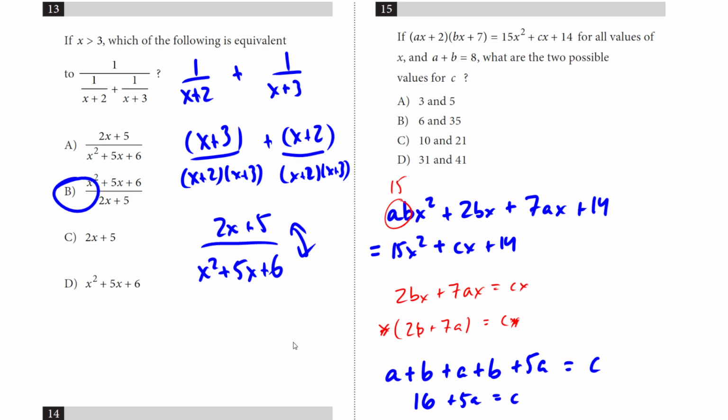Because 2bx plus 7ax is equal to cx. We know this is true. So 2b plus 7a is going to equal c. We know that a plus b equals 8, which gives us 16 plus 5a is equal to c. So 5a is equal to c in this case. Unless I've done some horrible multiplication wrong.